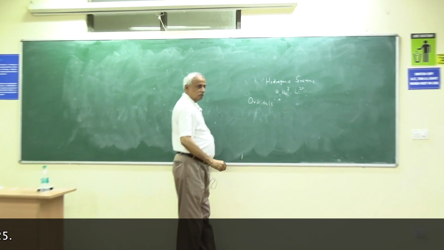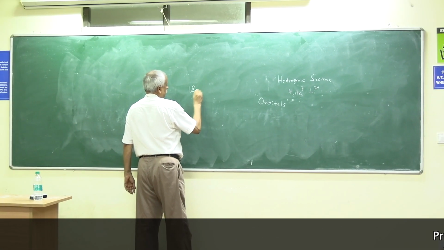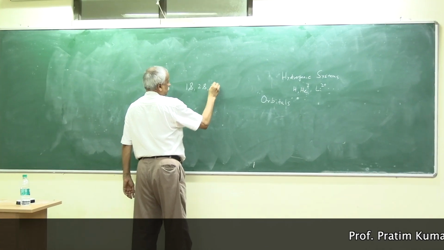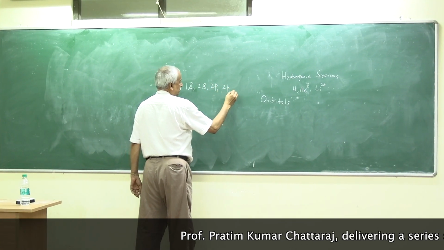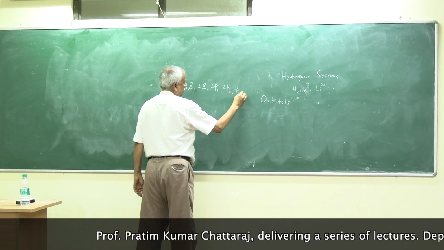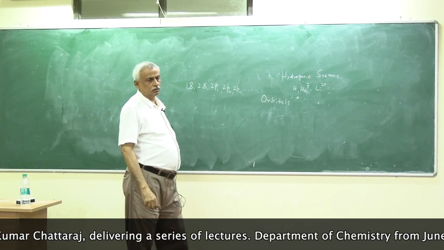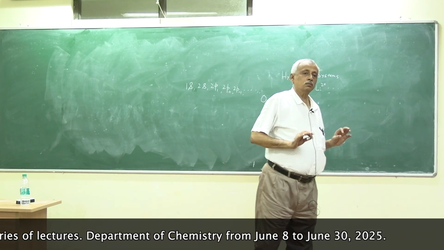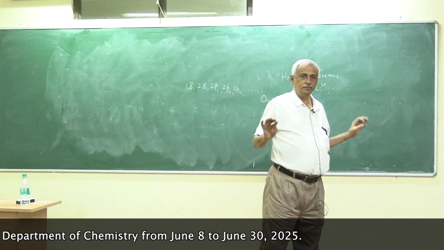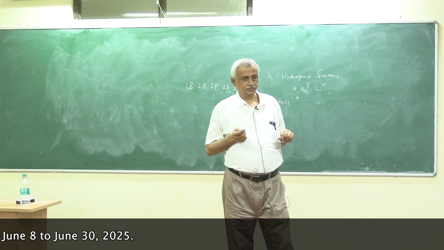Like you know the orbitals 1s, 2s, 2p, 2p0, 2p minus 1, etc. Then you take linear combinations to get px, py, etc. These are all orbitals, that means one electron functions.